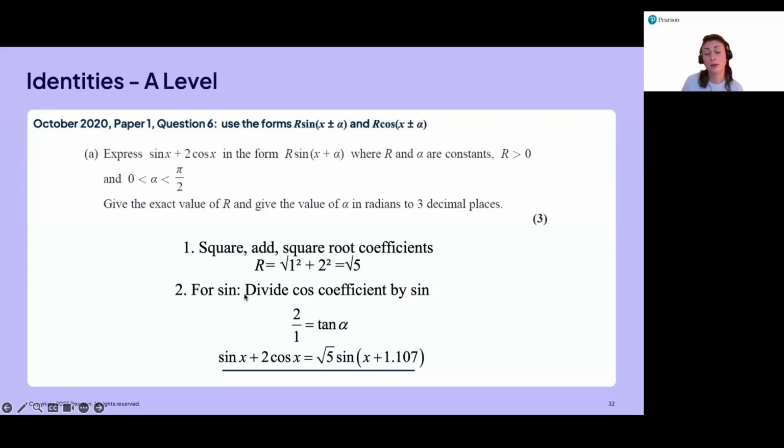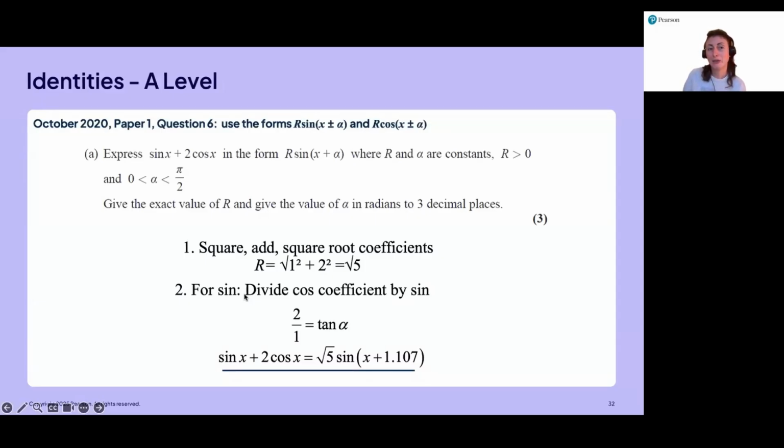But then if I've got students that are super quick, super happy with this, I might tell them that actually all you ever need to do is square, add, and square root the coefficients to find R. That might seem quite obvious. So rather than expanding, just look at the coefficients. And then this is the bit that not everyone likes.